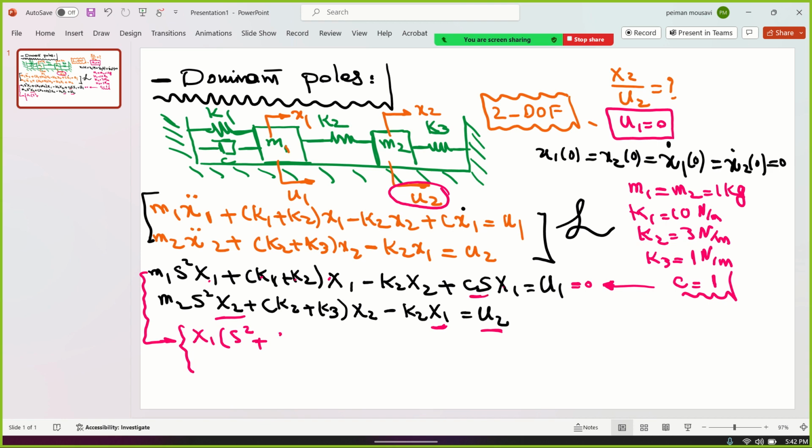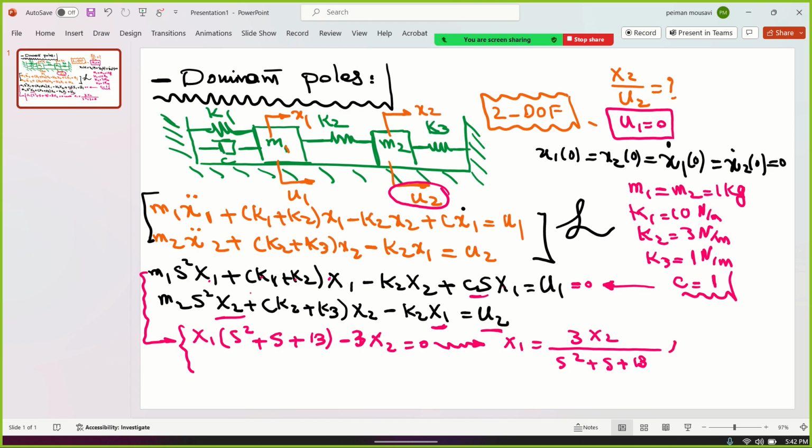C is 1, so it's going to be S plus 13. This is 13 minus K2, 3 X2 is equal to 0. From here you get that X1 is 3 X2 divided by S squared plus S plus 13.